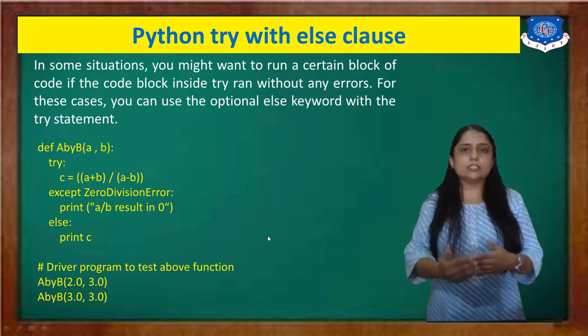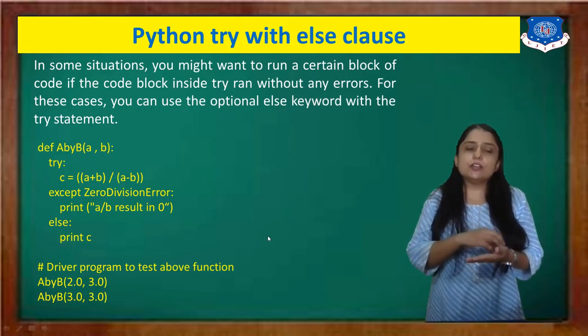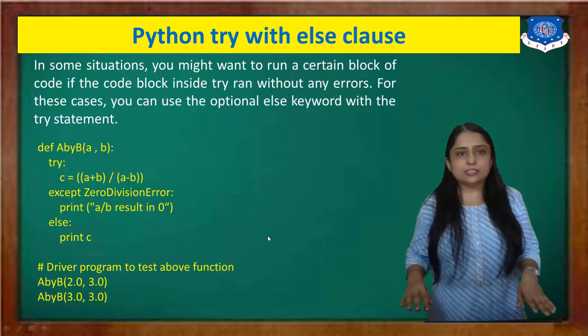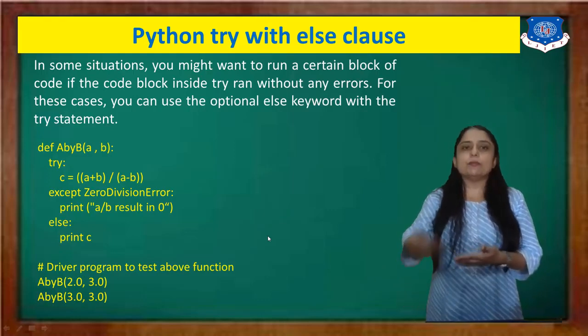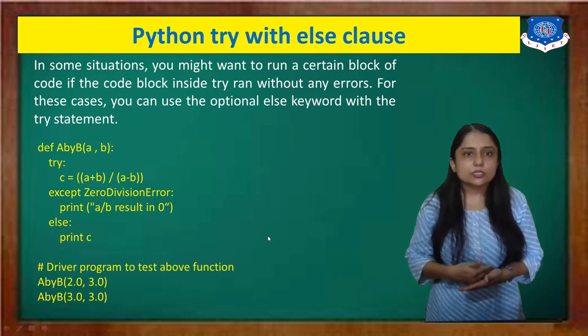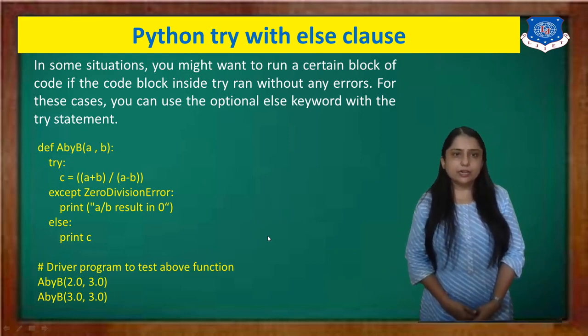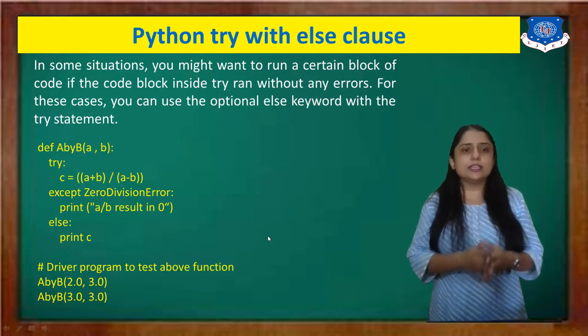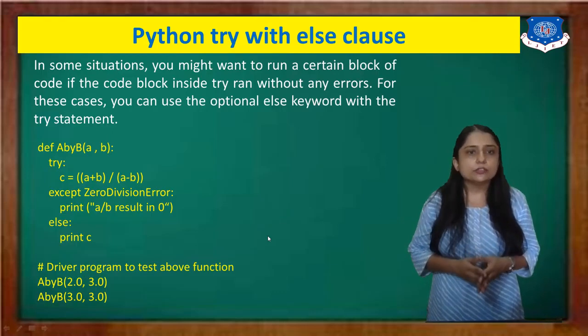So I will write the else statement. First it will check whether my try block is correct, that there is no exception. Then the program jumps directly to the else clause and prints the value of c. When I run this, we first pass the two values, 2 and 3.